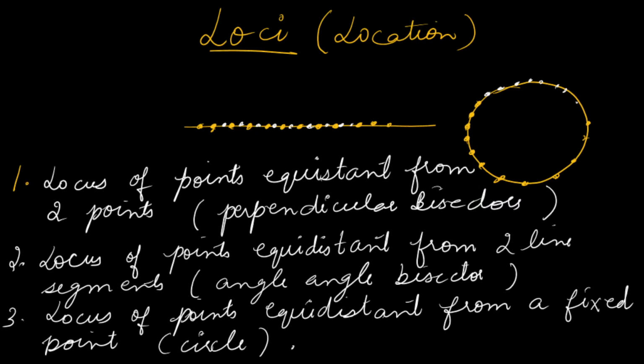So these three things you have to keep in mind. Equidistant from 2 points, perpendicular bisector. Equidistant from two line segments, angle bisector. Equidistant from one fixed point, that is nothing but a circle. Okay, so these things we have to keep in mind.